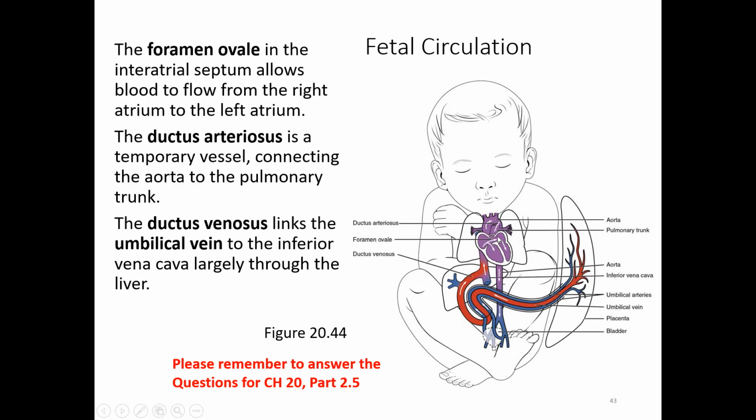They are connected in a fetus. Then, ductus arteriosus connects pulmonary trunk to aorta. And finally, ductus venosus, here it is, connects inferior vena cava to the umbilical vein that goes into umbilical cord. All those structures disappear after the birth.